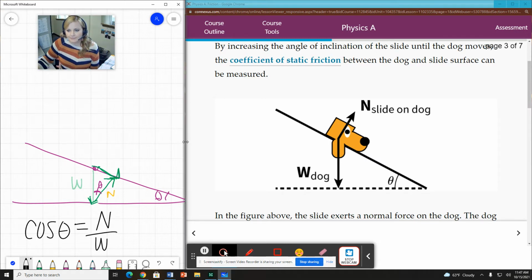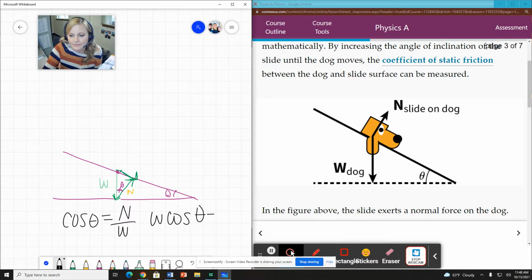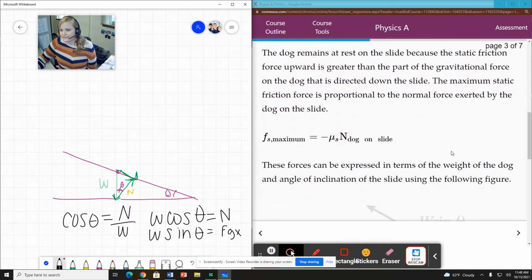So we can say that weight times cosine theta is equal to the normal force. If we want the force that's actually pulling it down the slide, then we use sine, and we can do weight times sine theta. That's our gravity in the x direction that's pulling us down the slide. So we can see that on here.